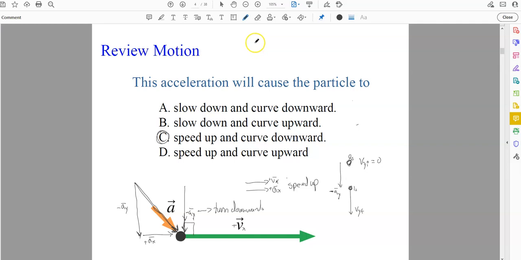So what's probably going to start to happen is this thing is going to start moving like this. It's got that initial velocity vector that it started with, and now, with that acceleration, it's moving down and to the right, which means that acceleration vector has added a second velocity vector to it.